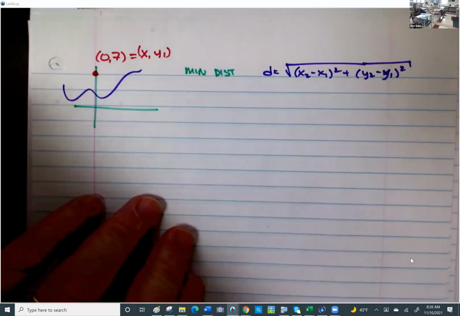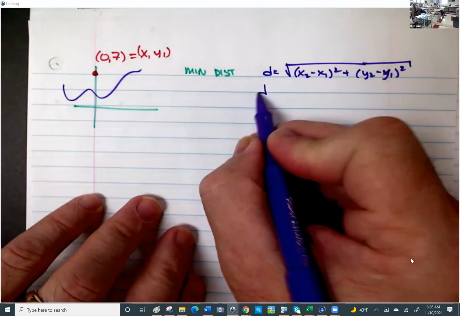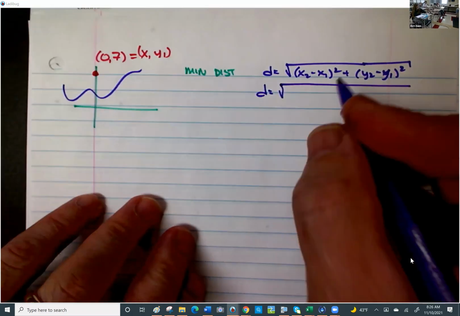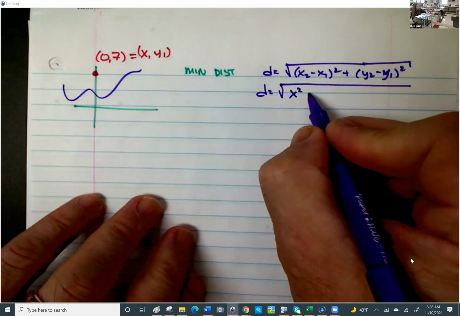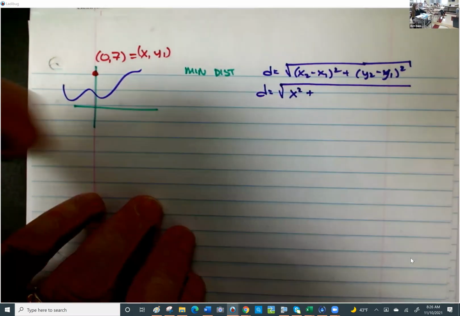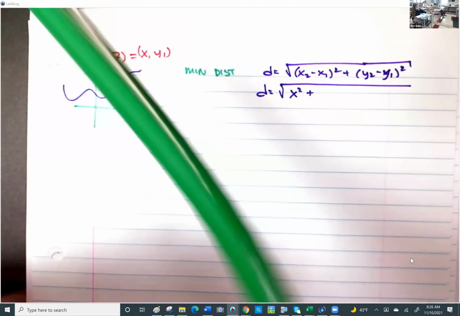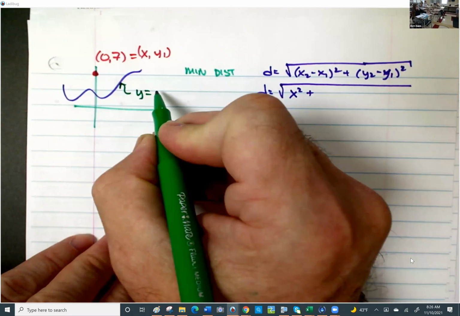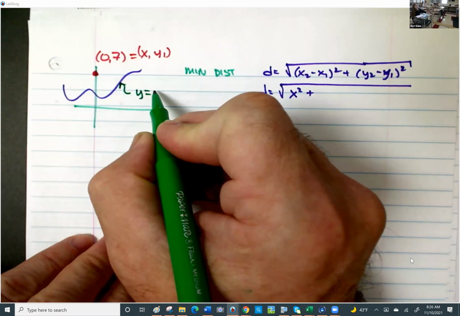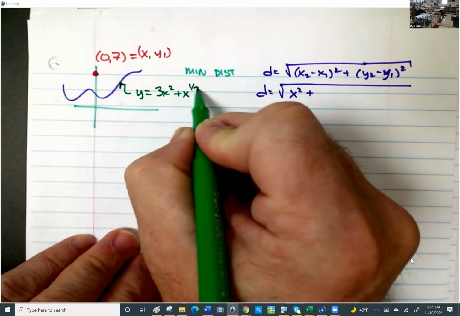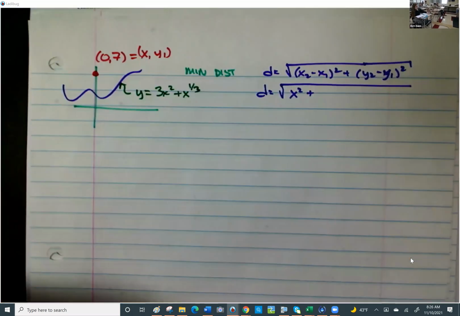So when we substitute in, this will be distance equals just plain old x squared, since x1 is 0.